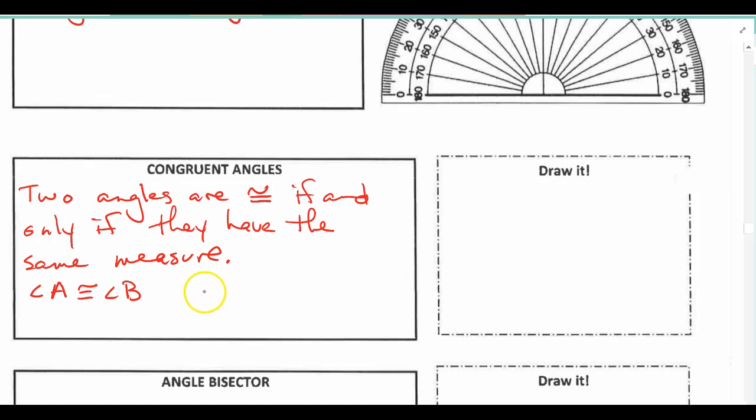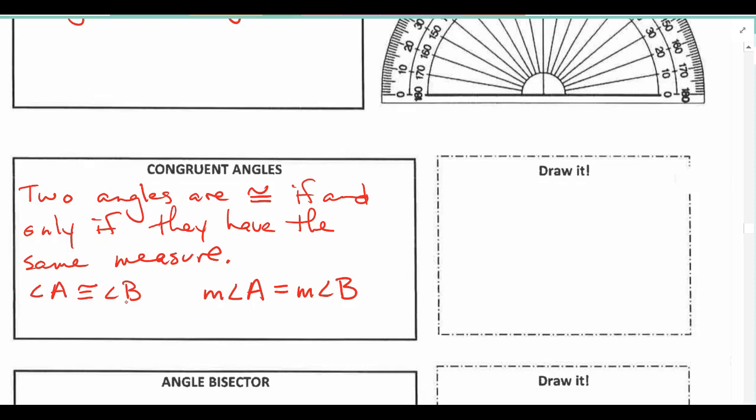In that case, we would say the measure of angle A is equal to the measure of angle B. So in this case, we're talking about the number associated with that measurement of the angle. If both angles were, say, 45 degrees, we would say the measure of angle A is equal to the measure of angle B. Notice we have an equal sign here because we're actually comparing numbers. And over here we have a congruent sign because we're actually comparing the shapes, the actual angles themselves.